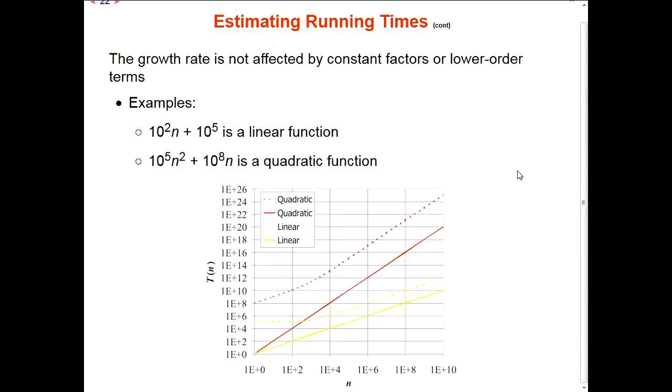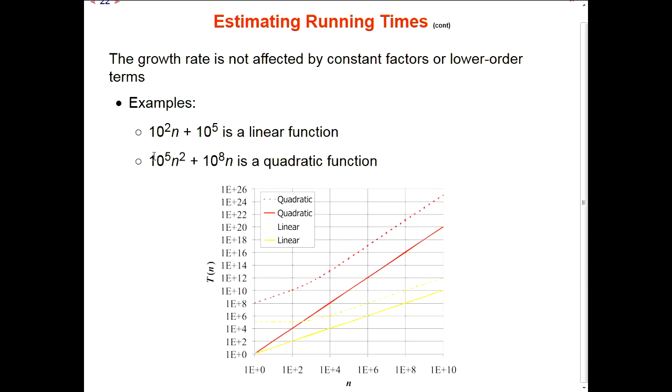And one interesting aspect that we can see with these log-log charts is that the growth rate will not be affected by constant factors or by lower order terms. What do I mean by lower order terms?